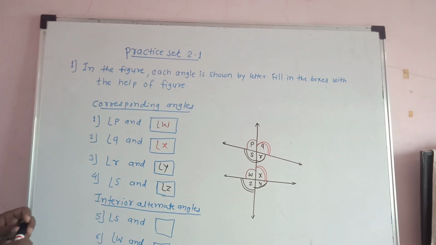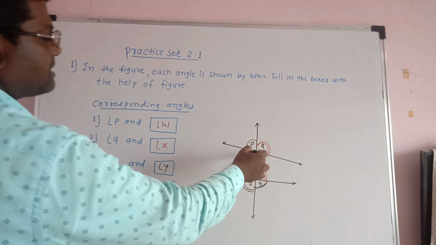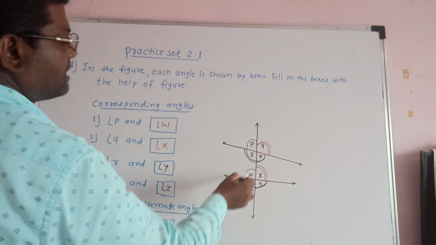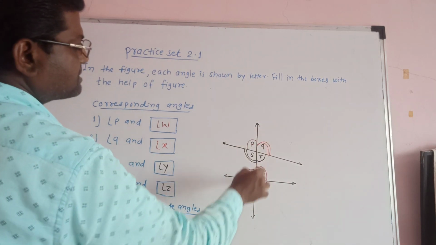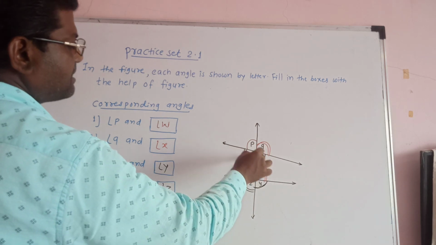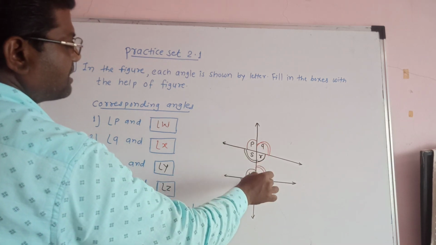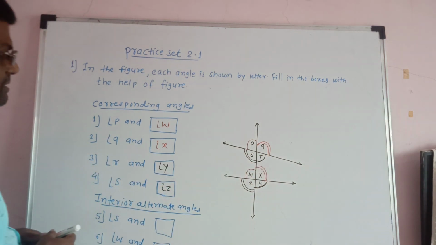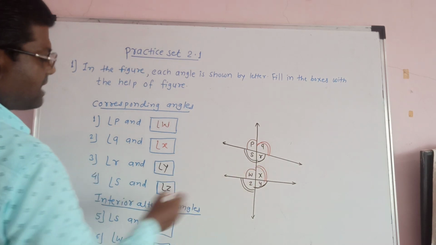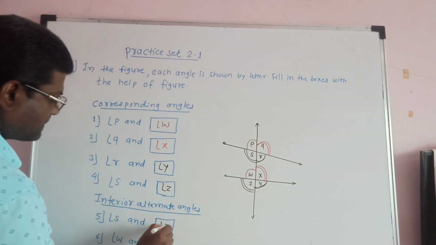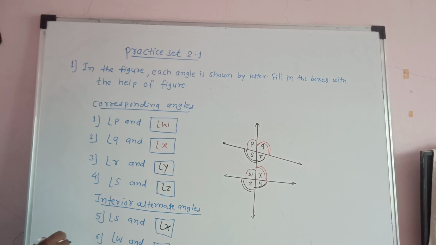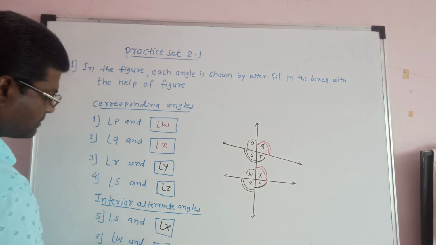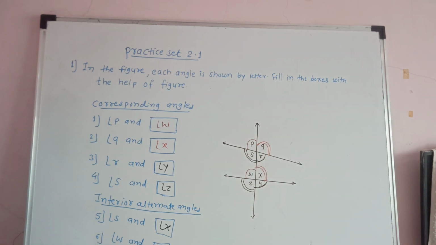Now alternate interior angles. Alternate interior angles are angles between these two lines and on the opposite side of the transversal, that is cross angles, S and X. These are alternate interior angles, and R and W. Now angle S and angle X are interior alternate angles. Angle W and angle R are also interior alternate angles.